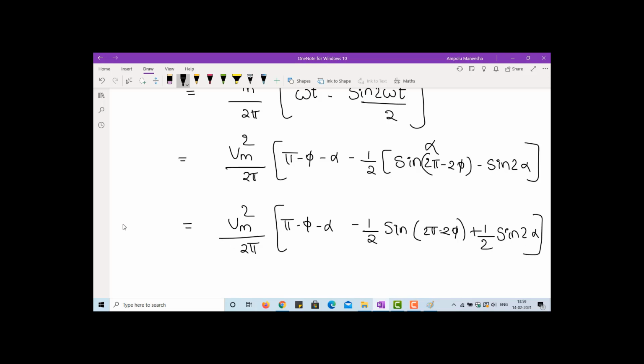This is the square of the RMS value of the load voltage.